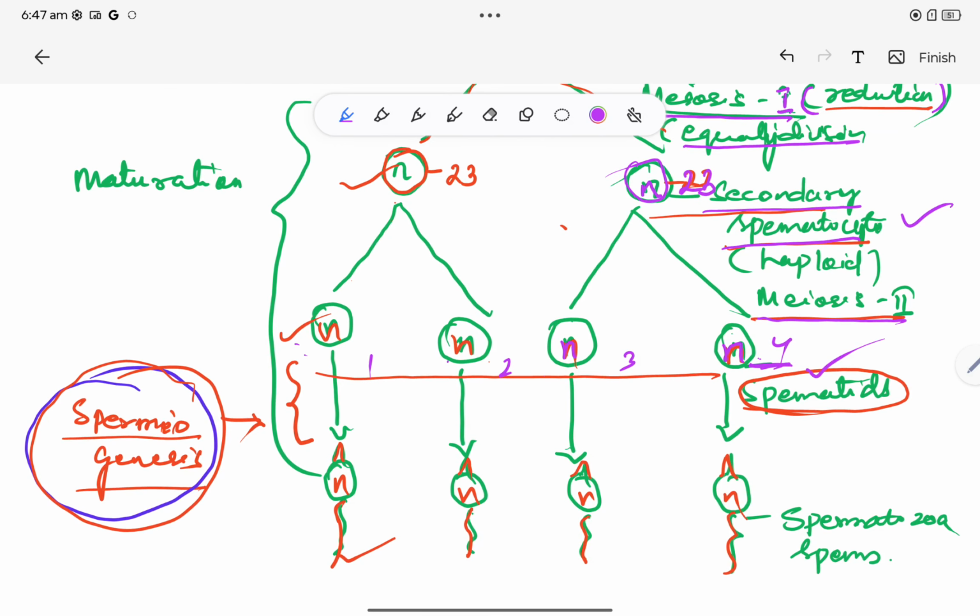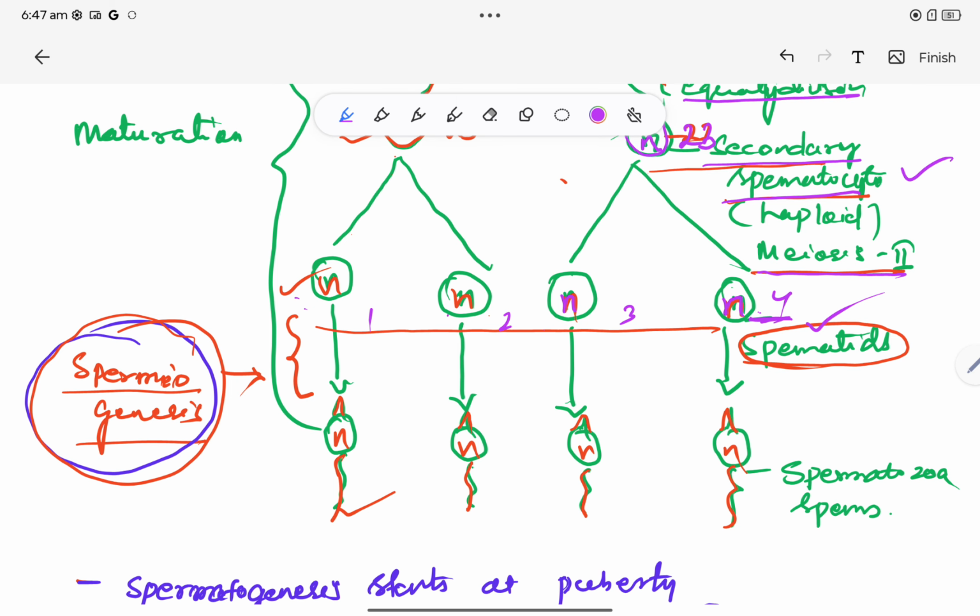As in the case of sexual reproduction in flowering plants, questions are asked on how many megaspores, how many microspores, or how many ovules are produced. Similar type of question will also come here. Now these spermatids undergo differentiation and maturation, and that process is known as spermiogenesis.